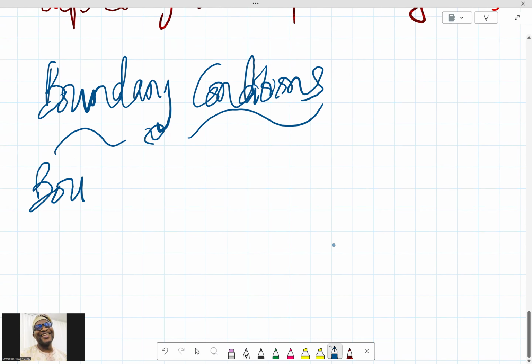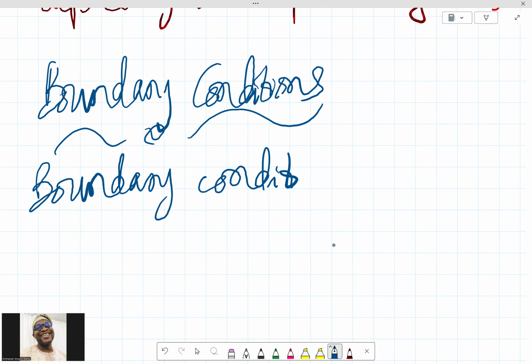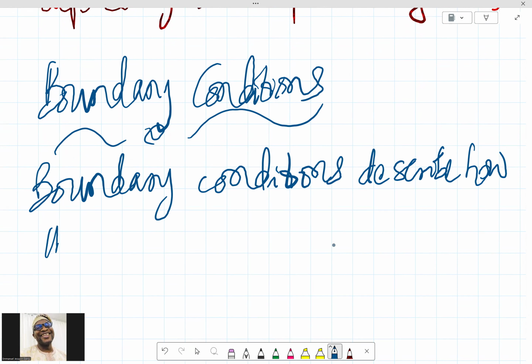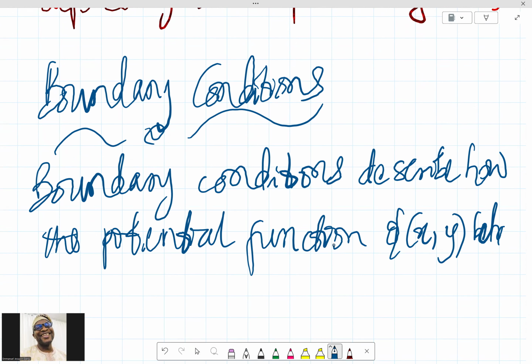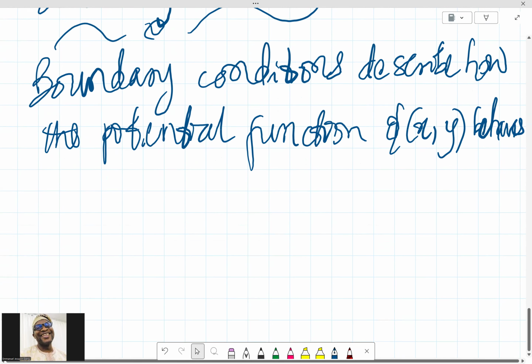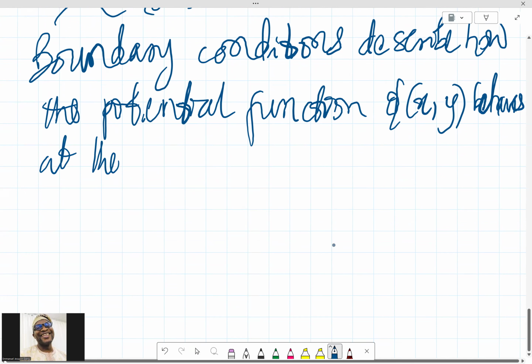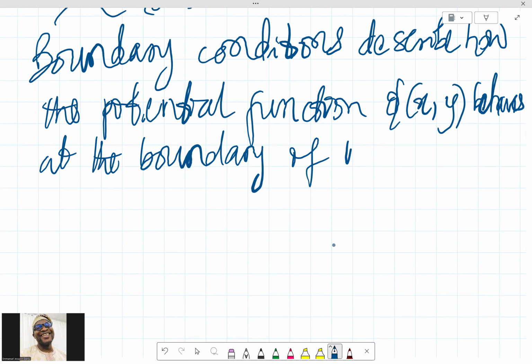Like we already know, boundary conditions describe how the potential function phi of x comma y behaves at the boundary of the domain.